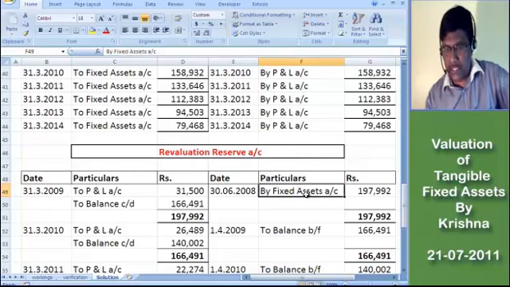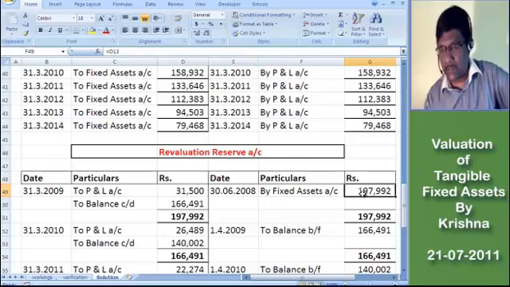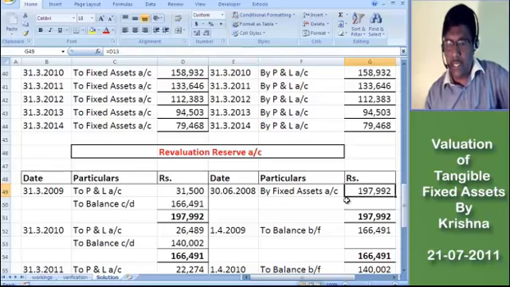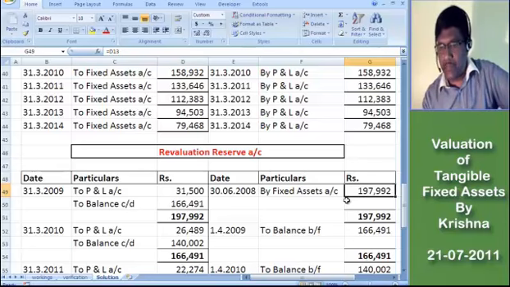So by fixed assets, the revaluation reserve account is getting credited to the extent of 1,97,992. When we are calculating the depreciation, inclusive of this revalued figure 1,97,992, we have calculated depreciation.